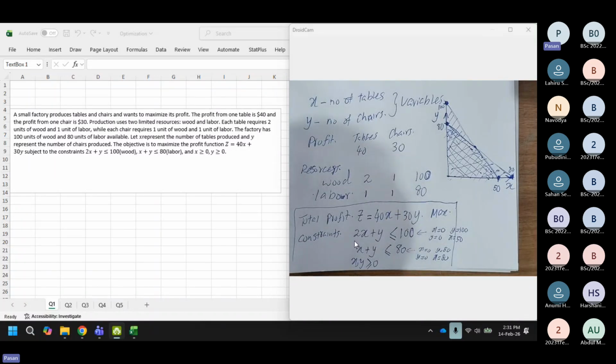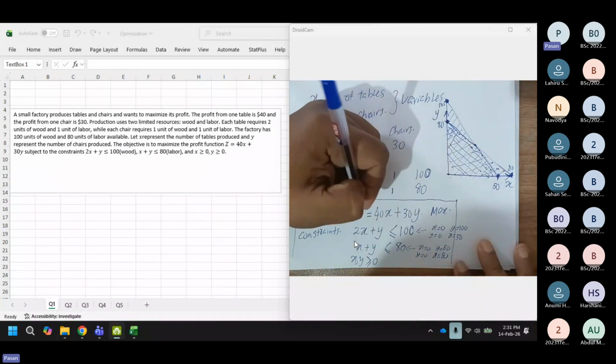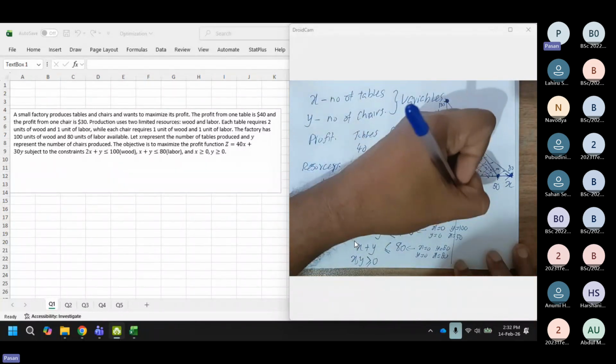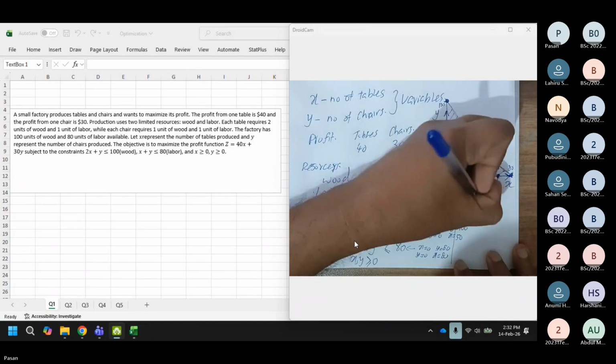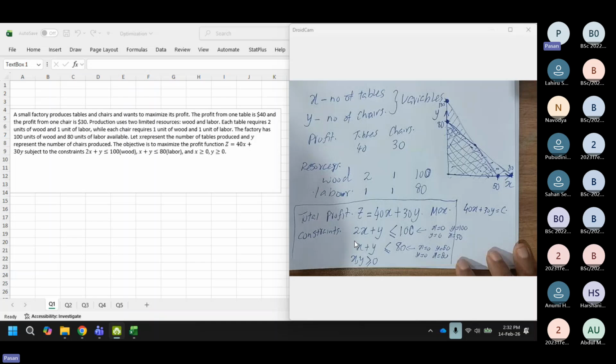And then of course, the idea of maximizing means that we can take this equation here, and I'm saying it is equal to z, right? But if I take this equal to some constant, then I can draw this line as well.